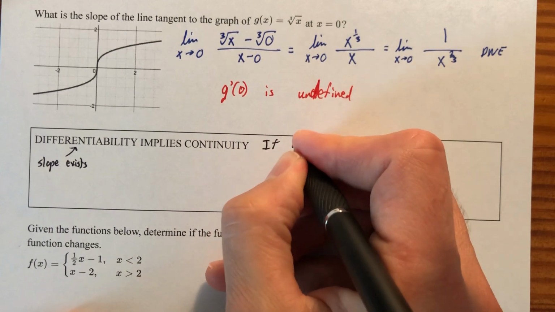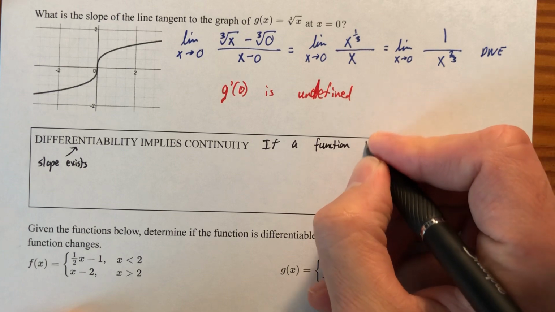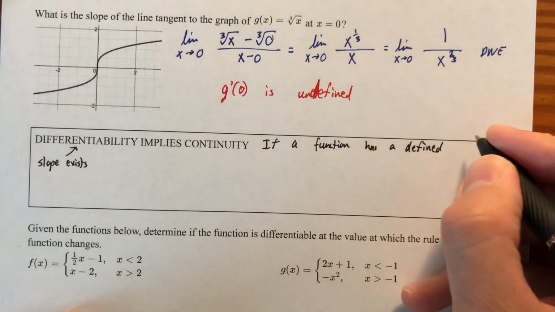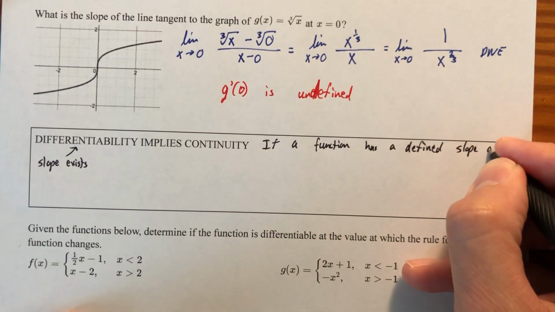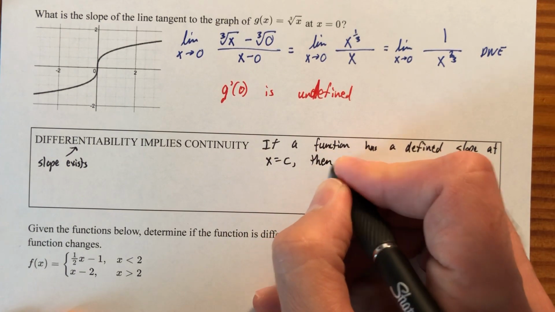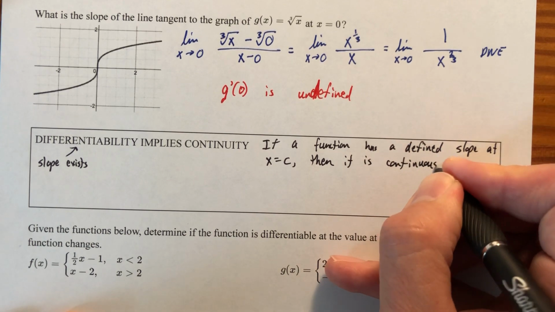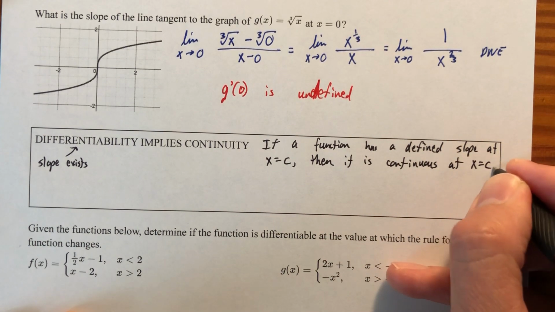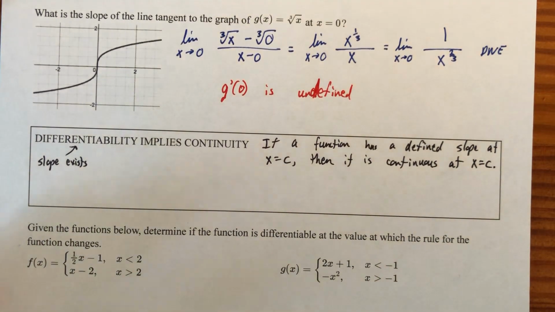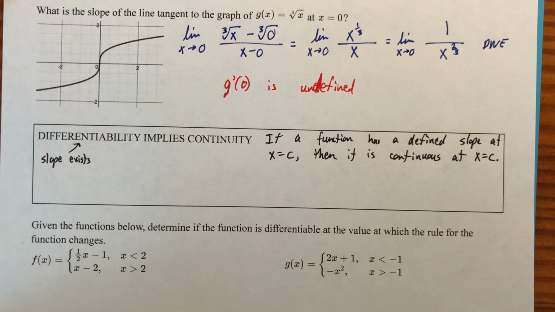If a function has a defined slope at x equals c, then it is continuous at x equals c. Okay, let's talk about this for a minute. Every example that we've done so far where we had a slope, we had continuity. So there's definitely a connection there.